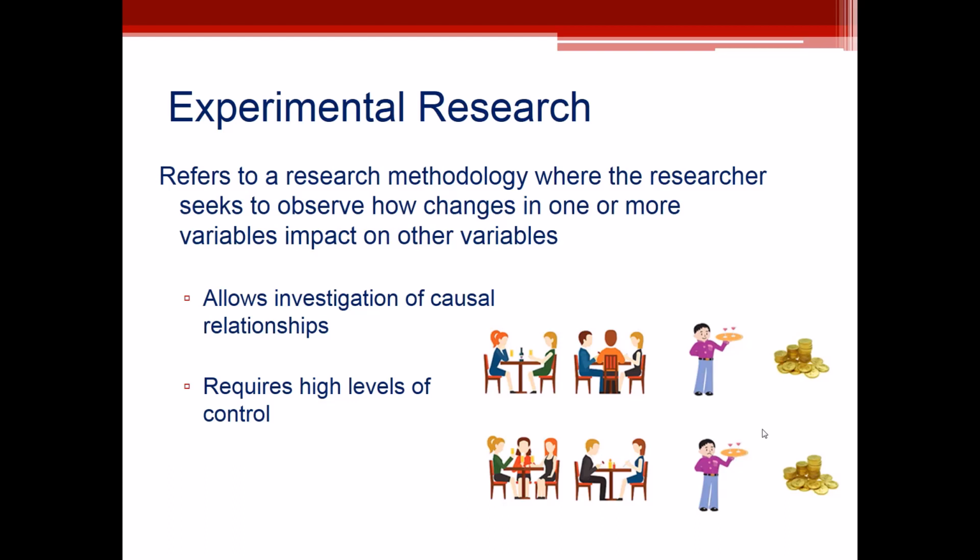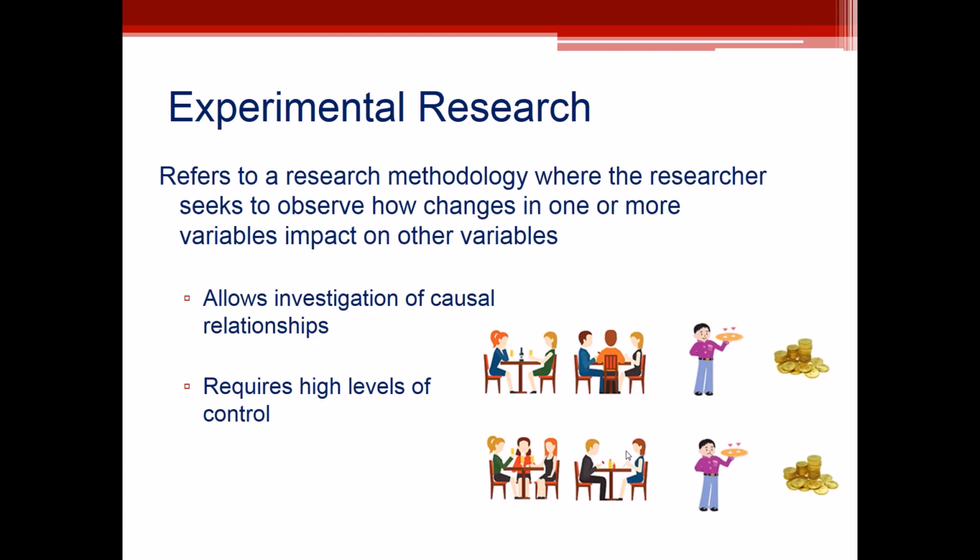When we hold constant, or try to make those things constant across the groups, what we say we're doing is controlling those influences. So a couple of points to remember is that we need random assignment of participants to the groups that we want to compare so that those groups are roughly equal, and we need to control as many influences as possible beyond those ones that we're interested in.